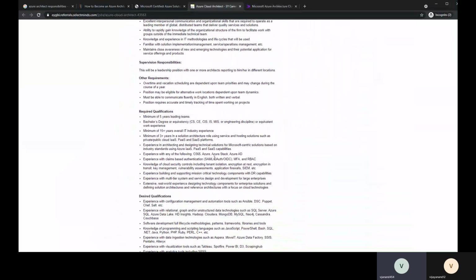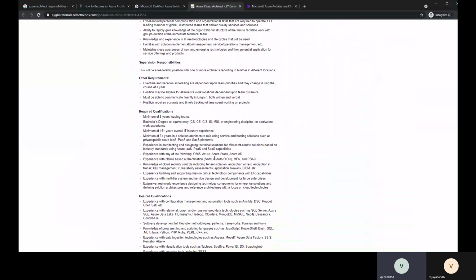Experience in architecting and designing technical solutions for Microsoft-centric solutions based on industry standards using Azure. Experience with any of the following: O365, Azure, Azure Stack, Azure AD. Experience with claims-based authentication, MFA and RBAC.